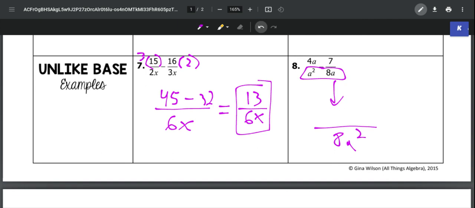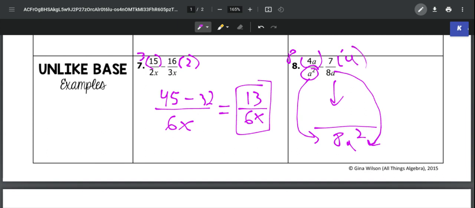When deciding what to do next, just look at each side of the subtraction sign's denominator and say, how do I get from a squared to 8a squared? That would be multiplied by 8. And then how do I get from 8a to 8a squared? That would be multiplied by a. So that's what you would do for that portion. I'll just show you that, but we'll probably go through an example like that in class. I want to focus on another harder example.